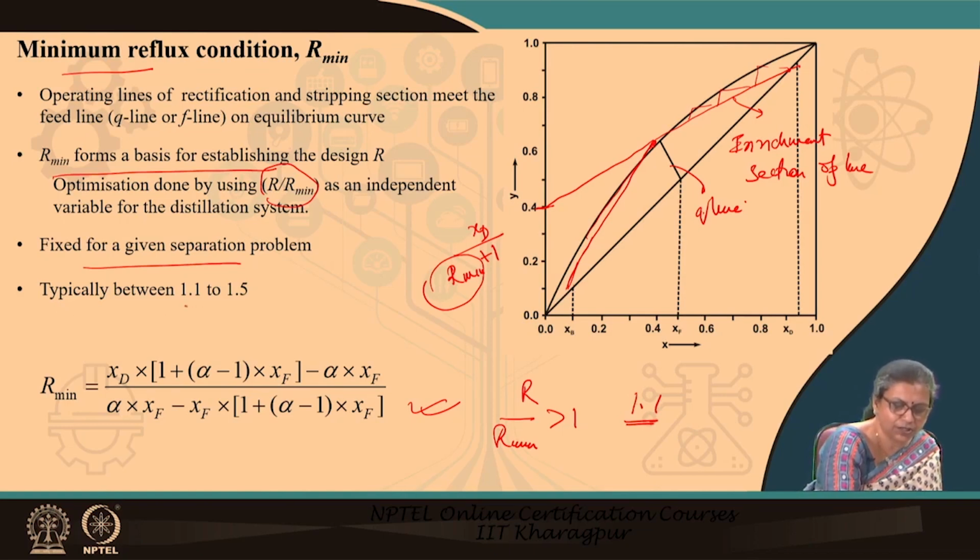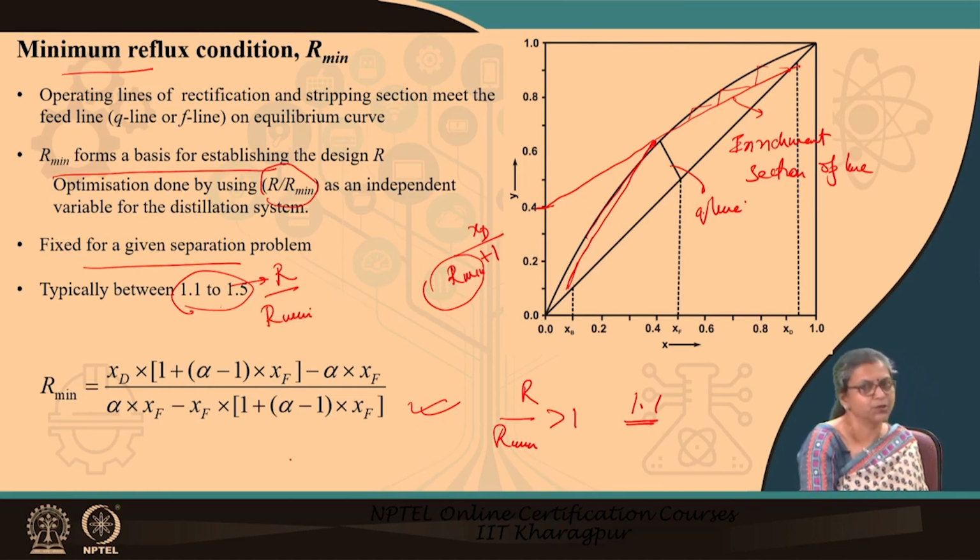R minimum does not lie between this; by mistake I told it. The R by R minimum ratio typically lies between 1.1 to 1.5, right. So, we would always like to keep it at a little higher value, such that any particular change in operating condition does not approach R minimum, under which we would get an infeasible operation.